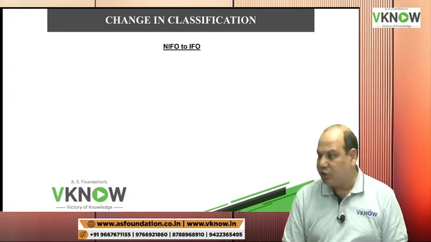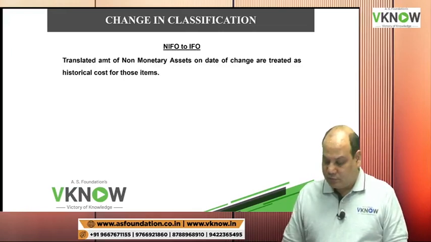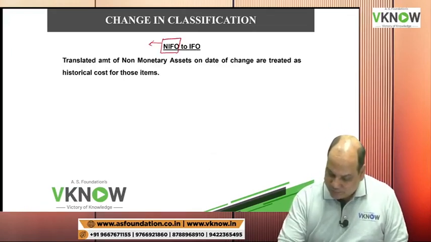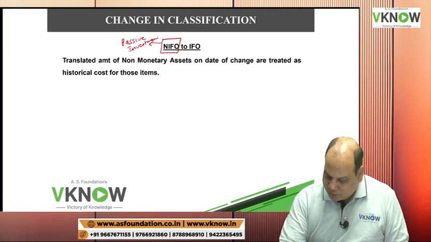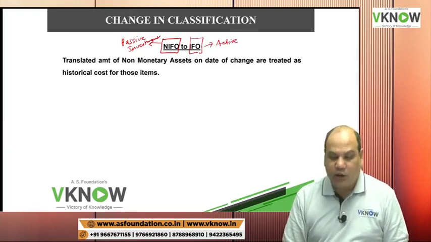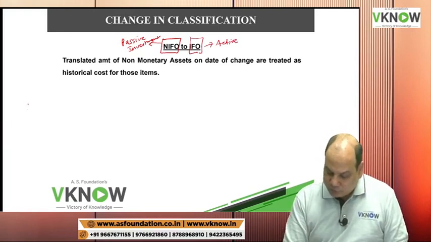Second possibility is also there. The second possibility is that a non-integral foreign operation, non-integral meaning passive investment, not management of day-to-day work, which is called non-passive investment, they may decide to reclassify it to an integral foreign operation. So what will be the accounting adjustment?